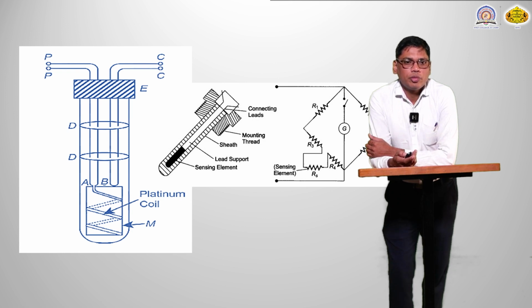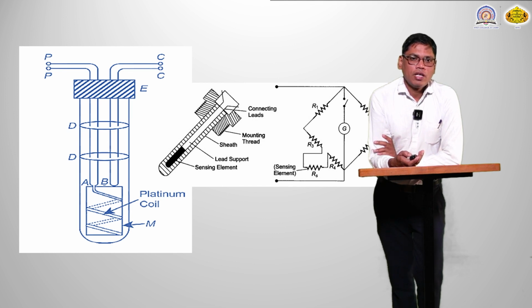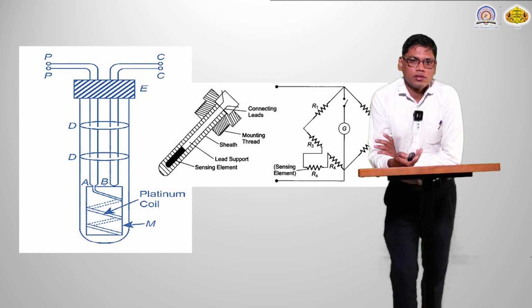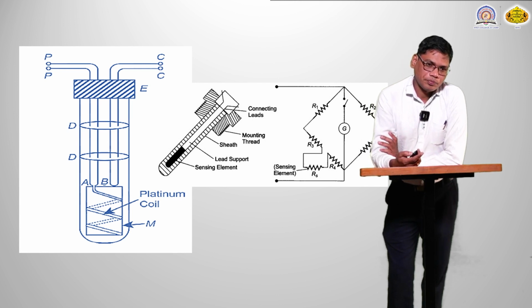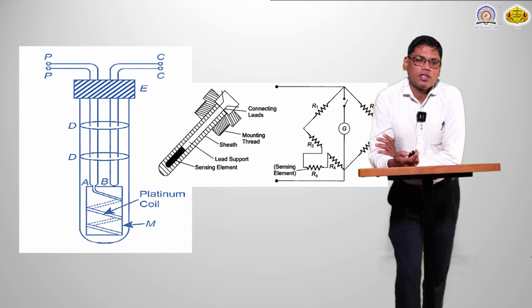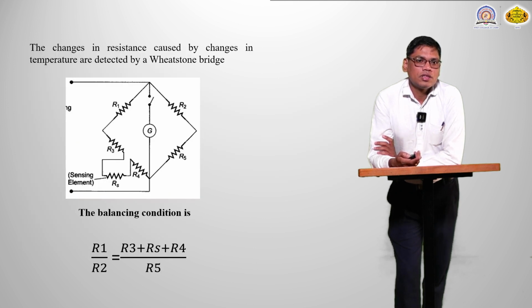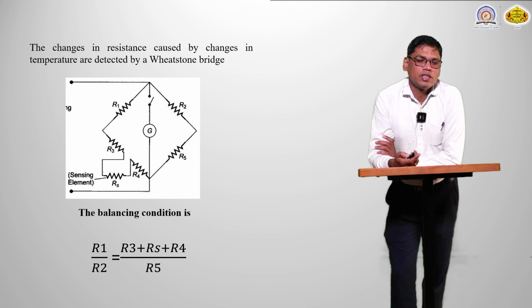This is a typical figure of the platinum thermometer. The change in the resistance of this platinum wire is very small, so for measuring it we use the Wheatstone bridge as shown in the figure. This Wheatstone bridge can be balanced for measuring the temperature.